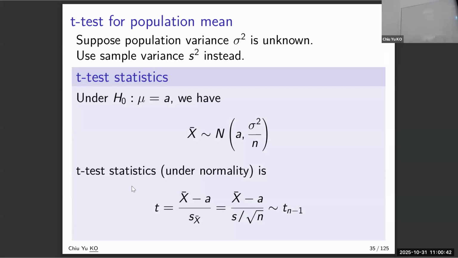The second is the T table. And the T table has a lot to check because there's not a single T table, right? Z table has only one. T table depends on the degree of freedom, which in this case is n minus 1.